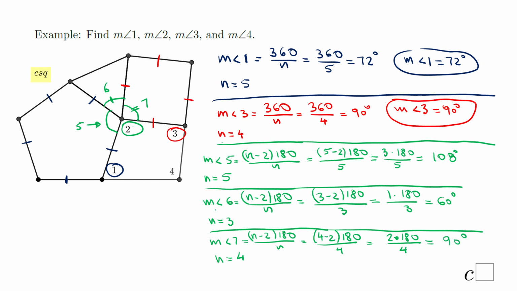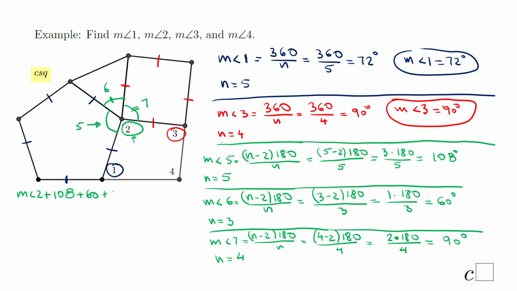Now we can really go and find this angle 2 we have here, because angle 2 plus angle 5, which is 108, plus angle 6, which is 60 degrees, plus angle 7, that is 90 degrees.